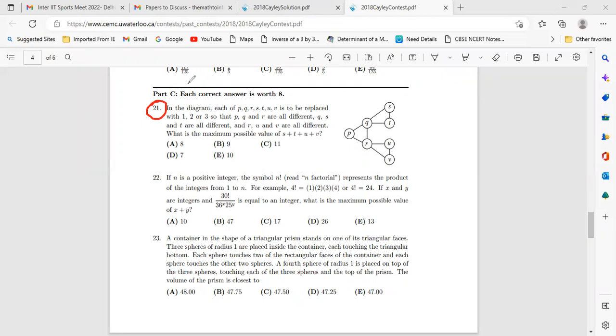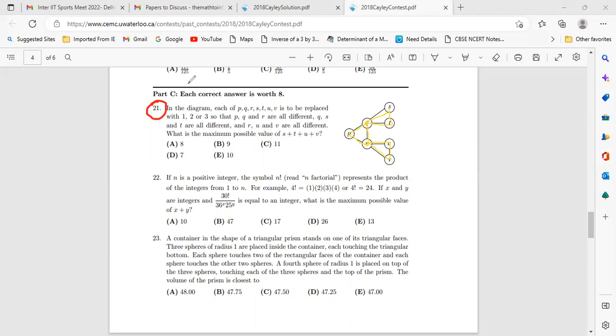They're saying that these three letters are all different, so we have to put three different numbers. And this triangle is also all different, and the triangle RUV is also different.